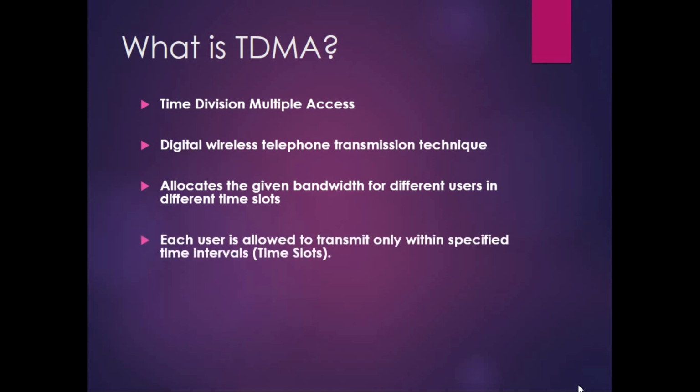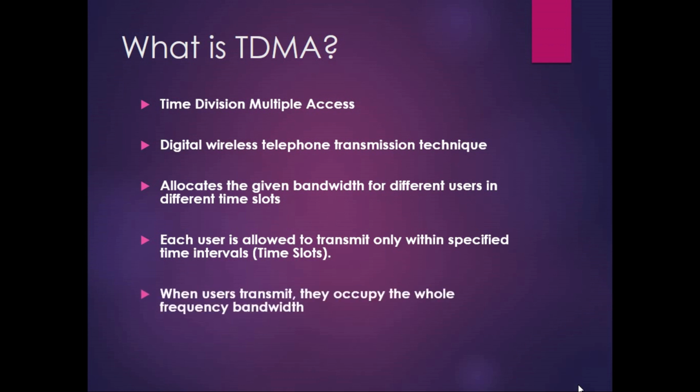In TDMA, each user is allowed to transmit only within specific time intervals. That means time slot. When users transmit, they occupy the whole frequency bandwidth. In this slide, we know what is TDMA.